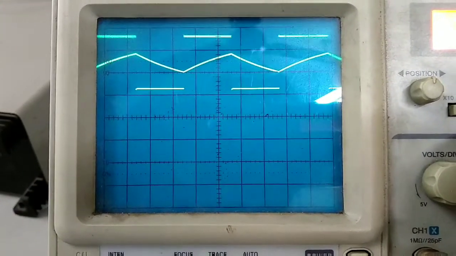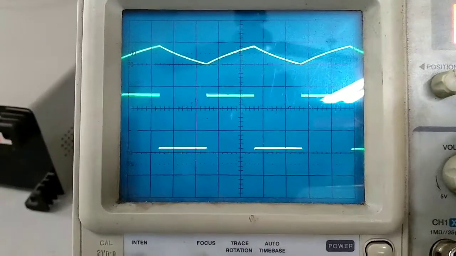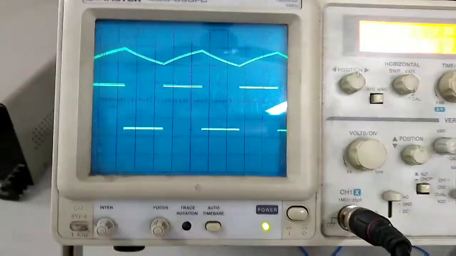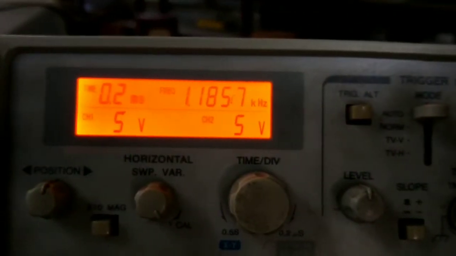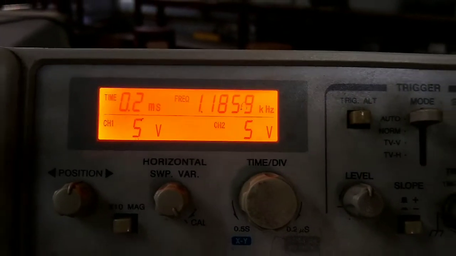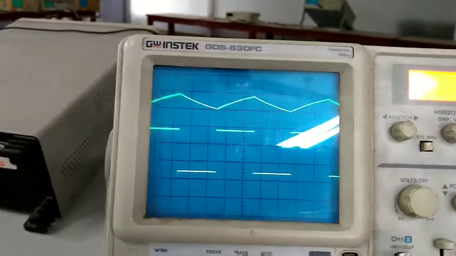So this way the output of this astable multivibrator comes. And see, here we have a frequency of 1.18 kilohertz. This is the output.